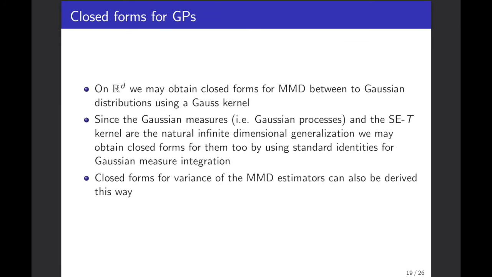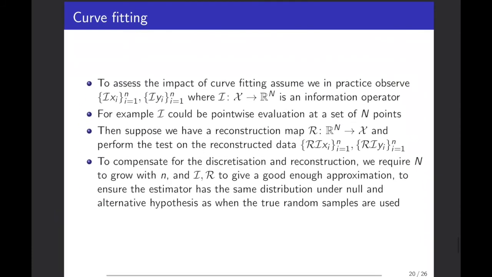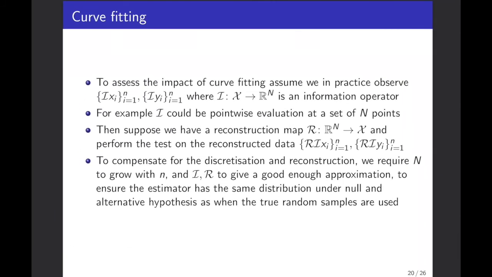Okay, so now we're ready to talk about curve fitting of the discretized random samples. So we'll first establish our notation. Remember that xi and yi were the random samples from P and Q, and now calligraphic I will denote an information operator, and it will map to an N-dimensional space here.